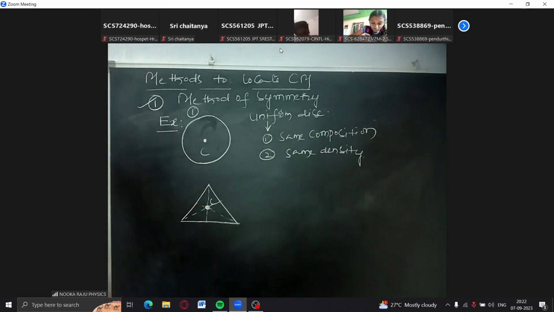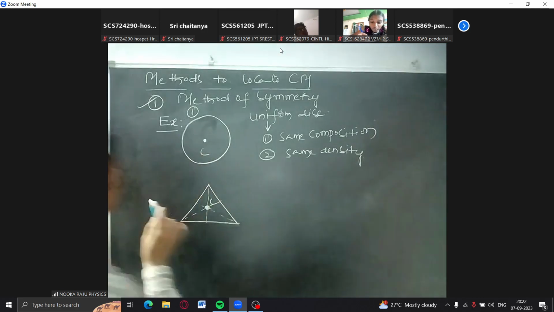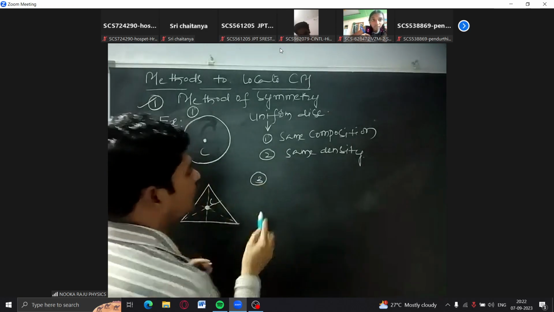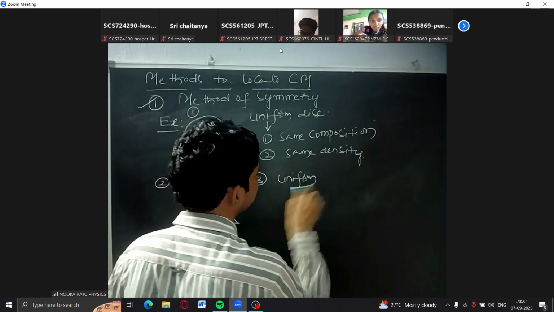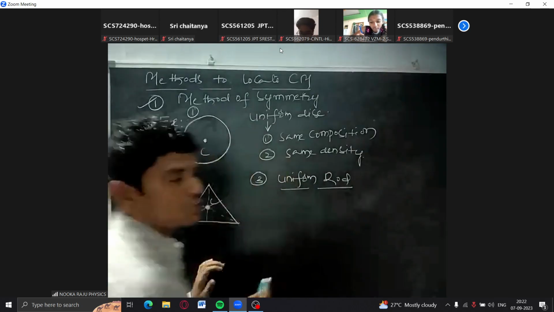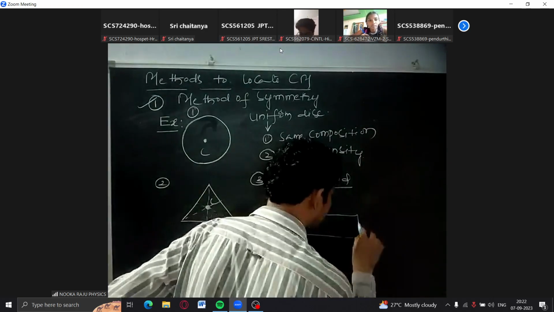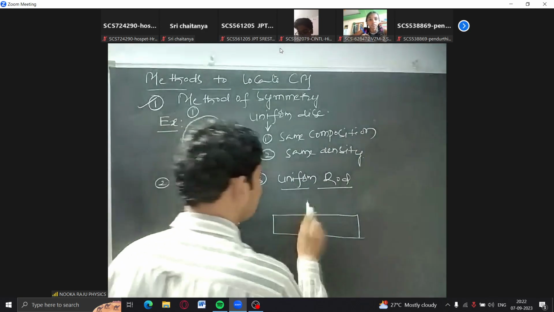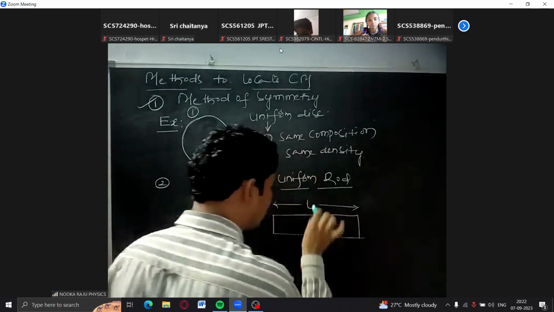Coming to the next one, for better understanding, one more example. This is the third example: a uniform rod. For example, this is a uniform rod of length L. Where is the center of this body?